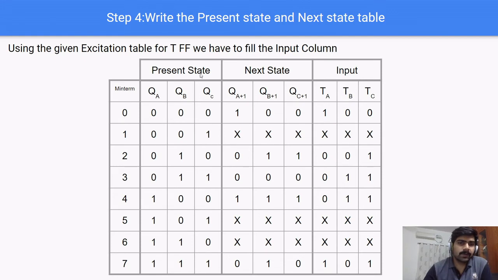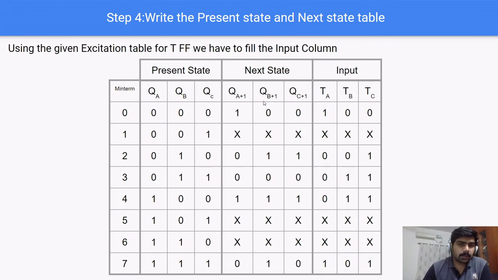So over here we have the present state column with QA, QB, QC, and the next state column with QA plus 1, QB plus 1, and QC plus 1. We have the 8 minterms on the left, to which we write their binaries in the present state column. So we have 000, 001, 010, 011, 100, and so on.